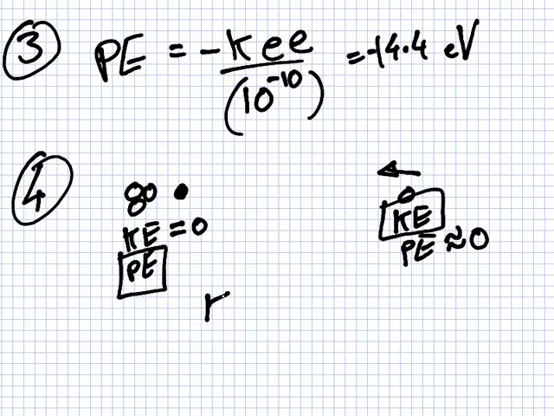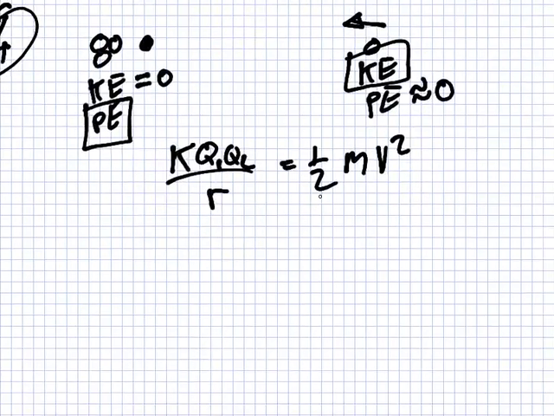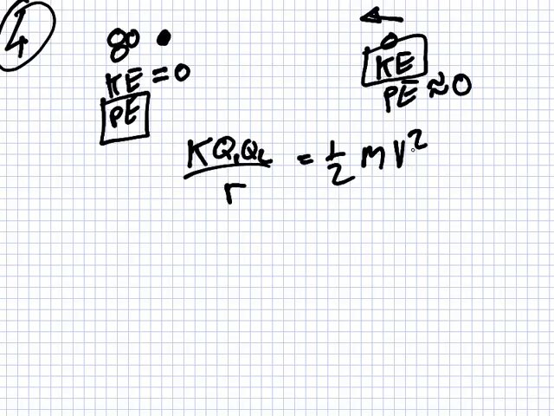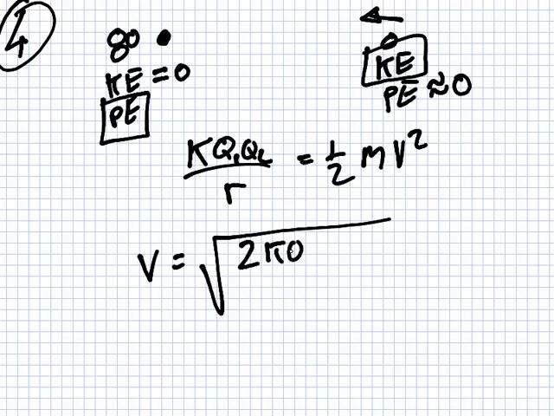So we can say the potential energy here equals the kinetic energy here. So we can say kQ1Q2 over r equals a half mv squared, and we're looking for the v, aren't we? So we can say v is the square root of 2kQ1Q2 over rm. M comes down, 2 goes up in the square root.